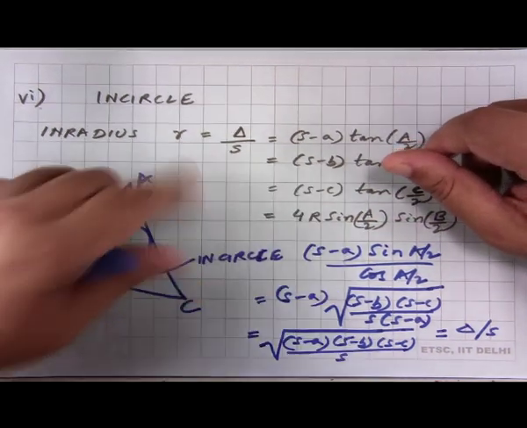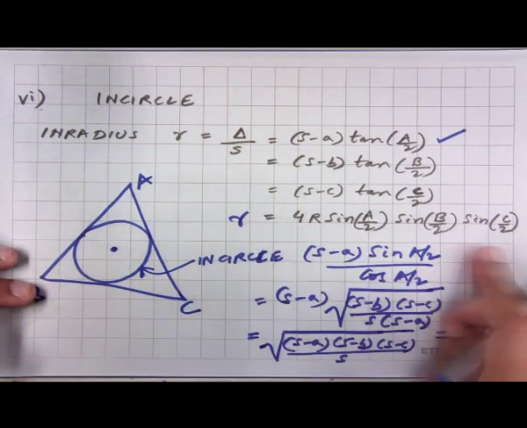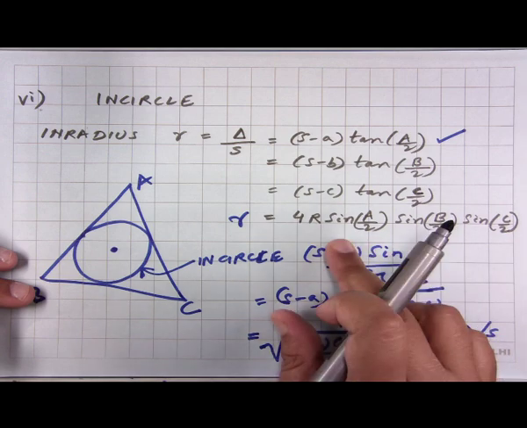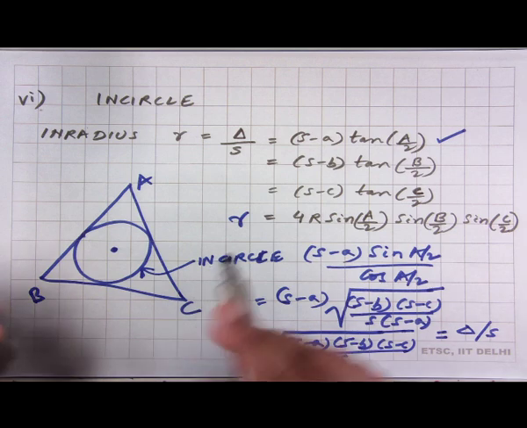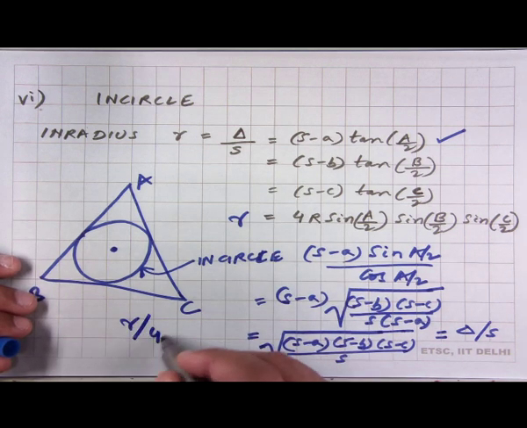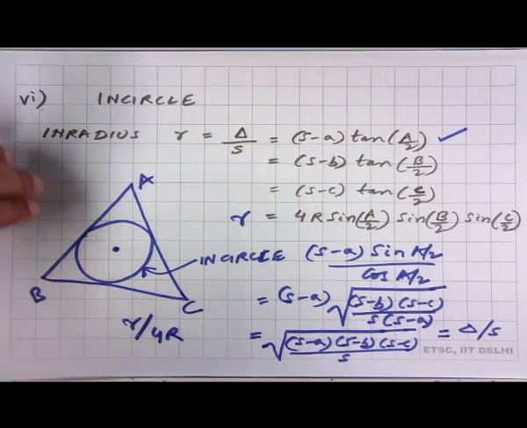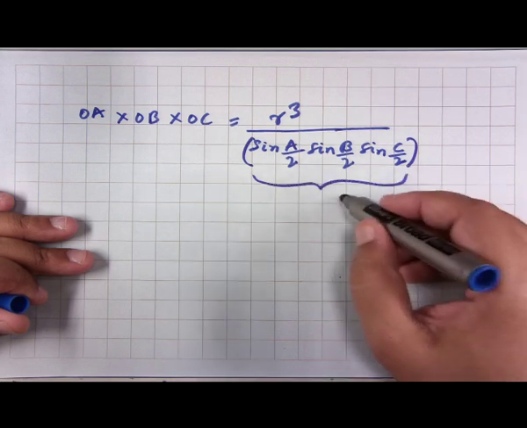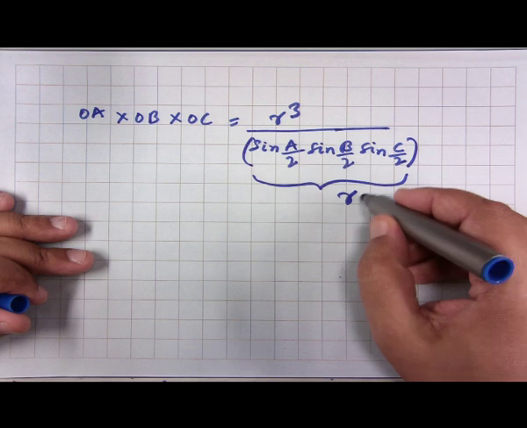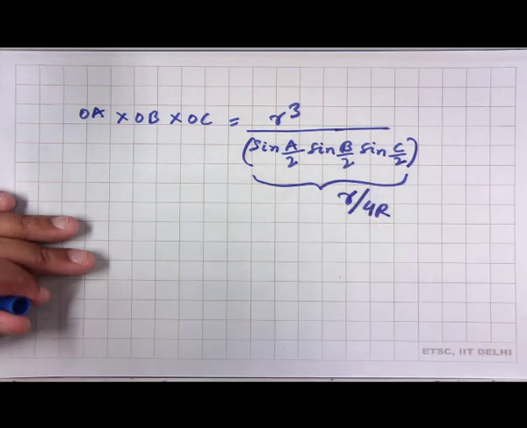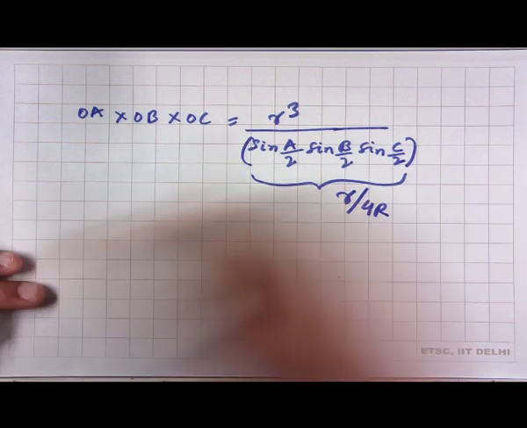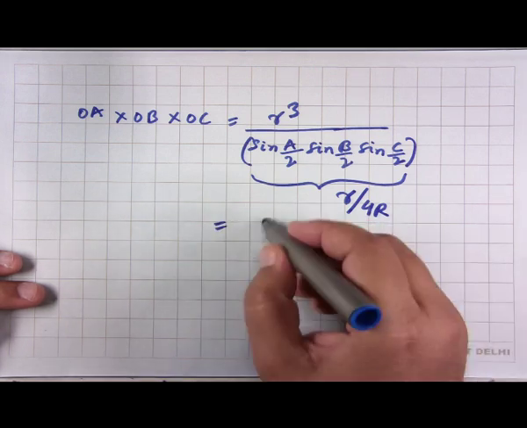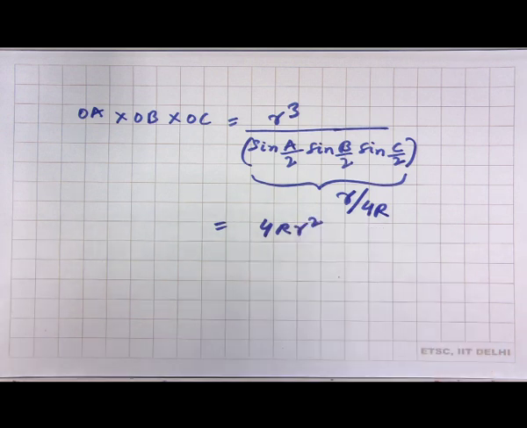In fact, from this relation for r, it follows that the product of the sines of the half angles is small r upon 4 times uppercase R. So, we will replace this entire denominator by the ratio of the inradius to 4 times the circumradius, and therefore this becomes equal to 4 R r square, and that is exactly what was asked to prove in the question.